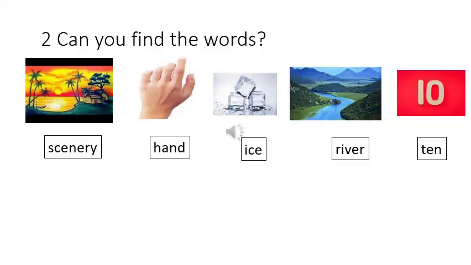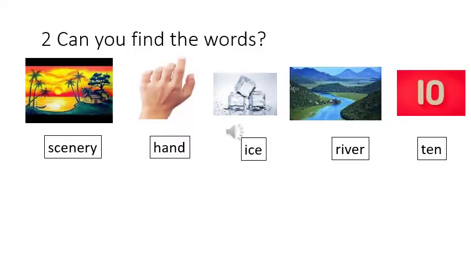Let us solve the second puzzle. See the first picture. The first picture is scenery. The second one is hand. Name the third picture. It is eyes. Fourth picture is river.